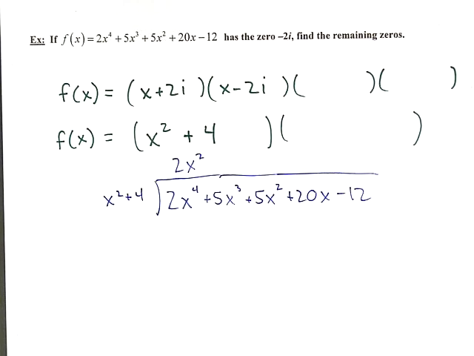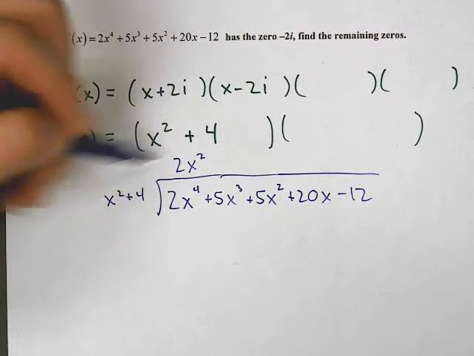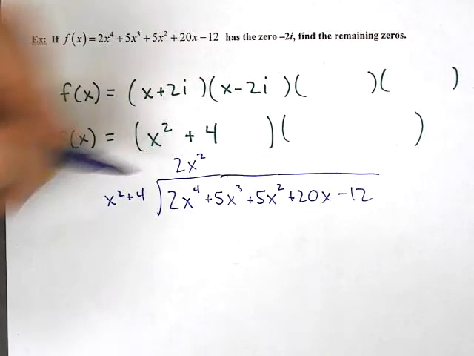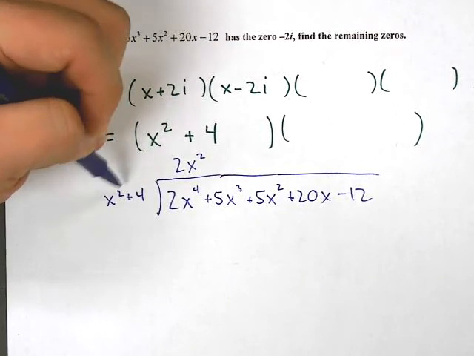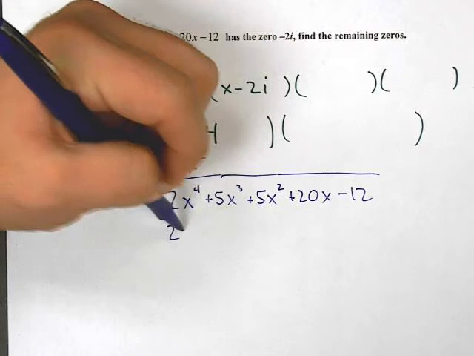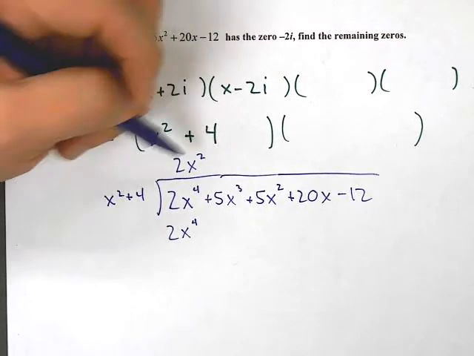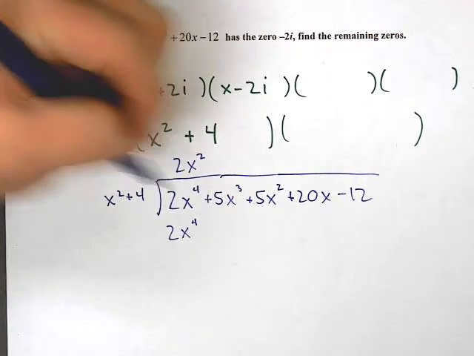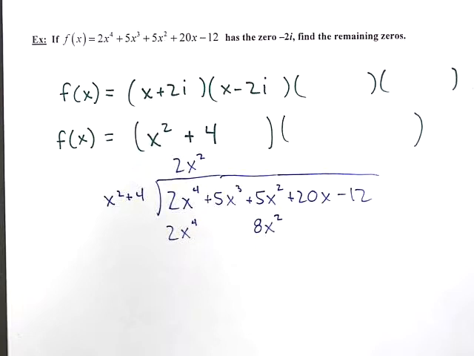Now, if you remember the next step when you're doing long division with numbers, you basically multiply this by the values, right? And you rewrite it, and then you find what's left over. Same thing here. I'm going to distribute this 2x squared to both of my terms, so I get 2x to the 4th. I don't get any x cubed, so I'm going to skip this, and I'm going to have 8x squared.